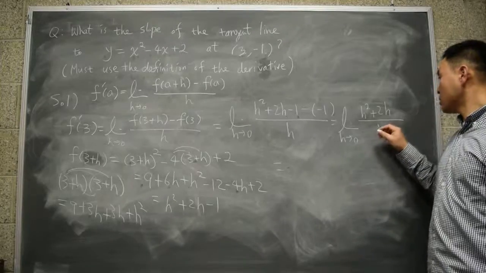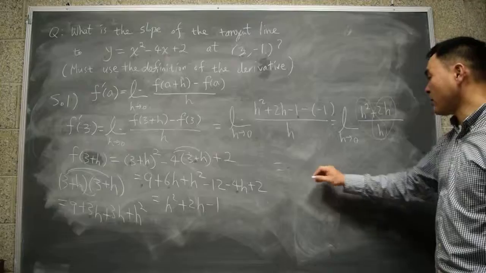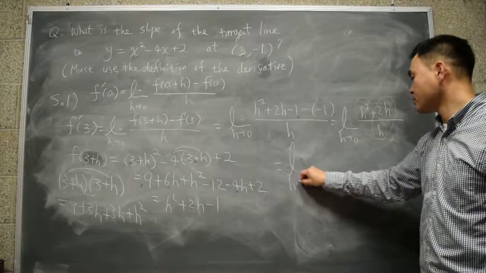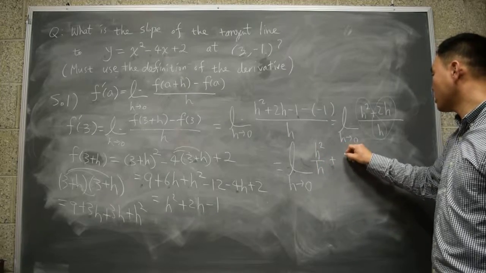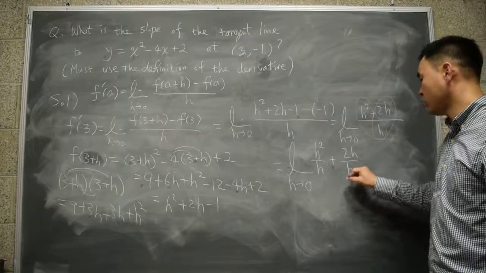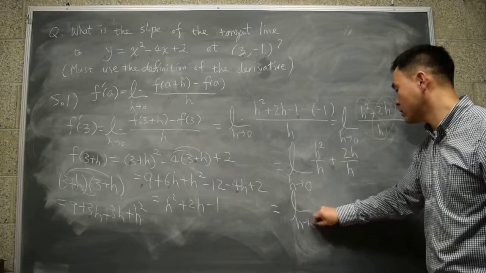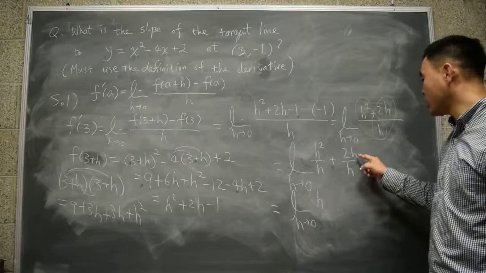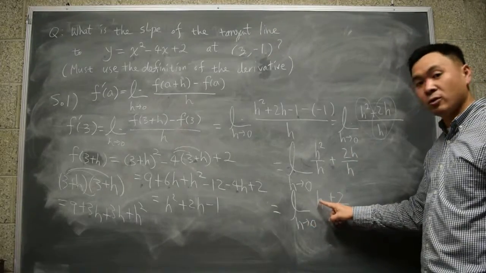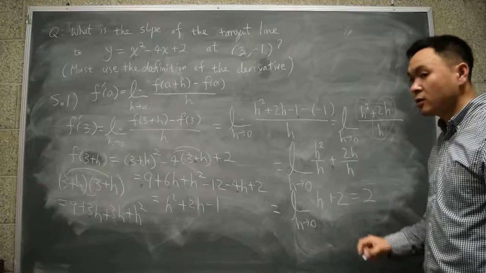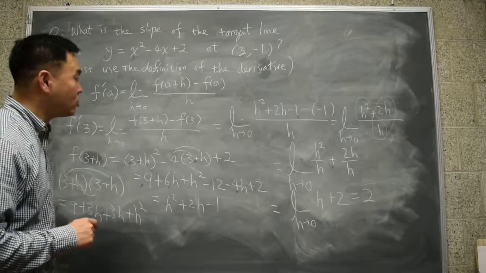Alright, now this fraction can be split into two fractions: h squared over h, and then 2h over h. What is h squared divided by h? That's just h. 2h divided by h is 2. And then finally, when you plug in 0 for h, you get the value of 2. That means the slope of the tangent line at (3, negative 1) is 2.